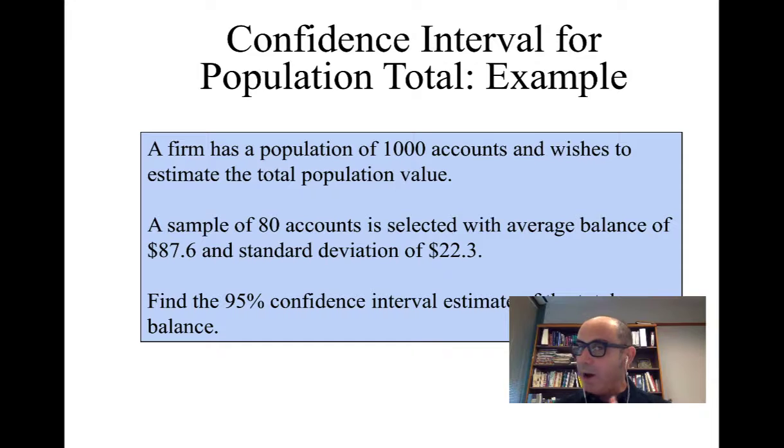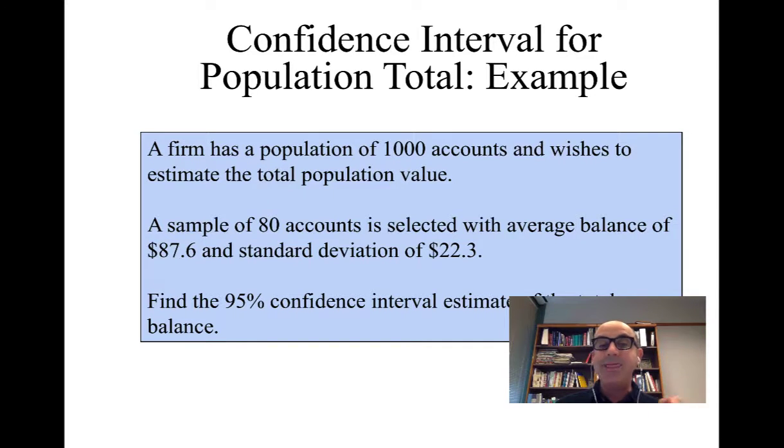Let me give you one more example, a more practical example with regard to accounts. We have a population of 1,000 accounts and wish to estimate the total population value. A sample of 80 accounts is selected with an average balance of $87.6 and a standard deviation of 22.3.